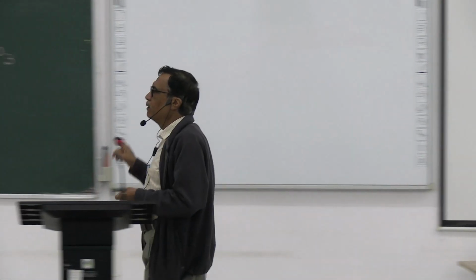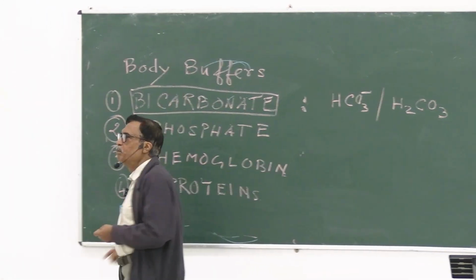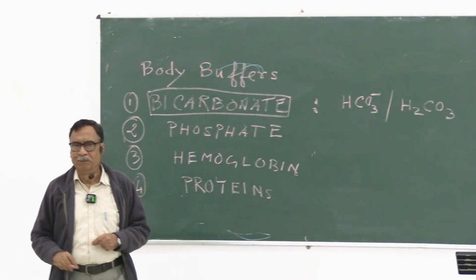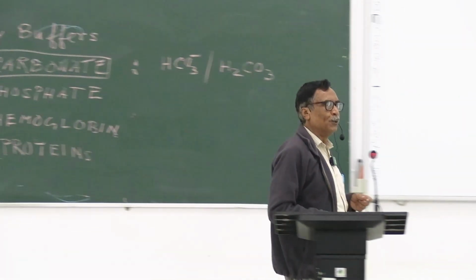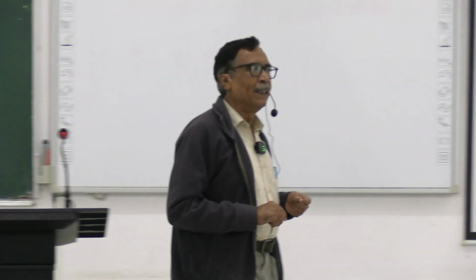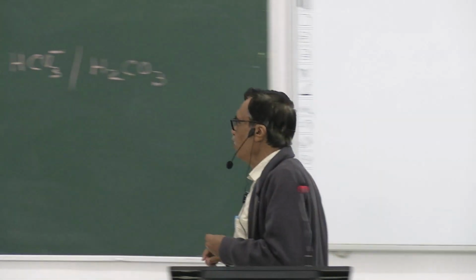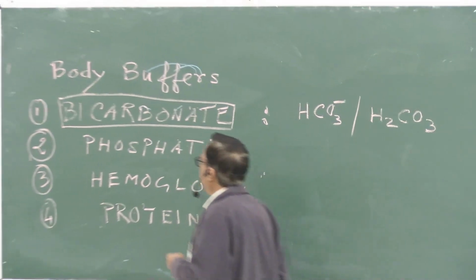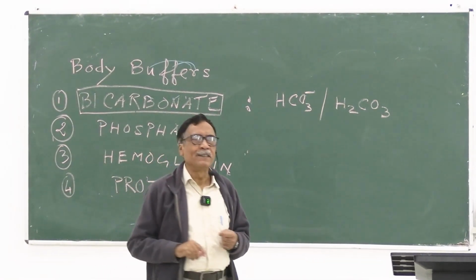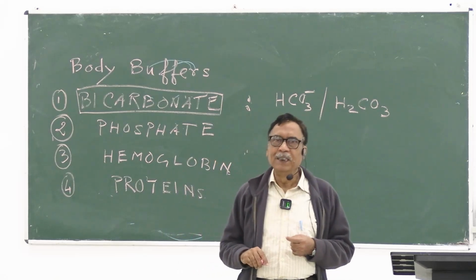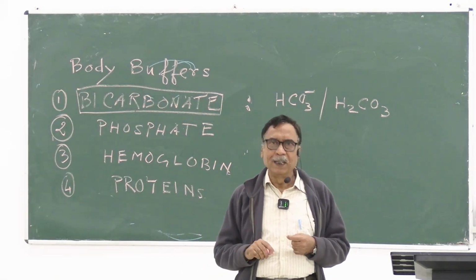Chief intracellular buffer is the phosphate buffer. Hemoglobin buffer is the principal buffer of the RBC. And the protein buffer is also present mainly in the cell, that is intracellular buffer. So, the buffer which maintains acid-base balance in our blood, which is extracellular fluid, is the bicarbonate buffer.